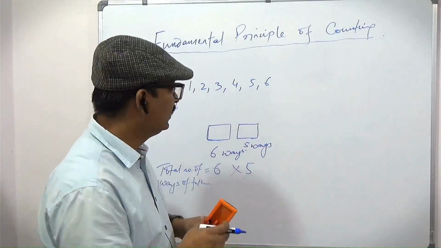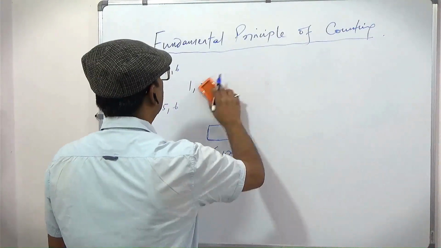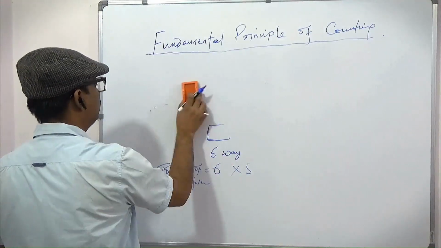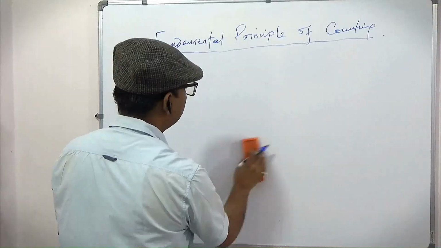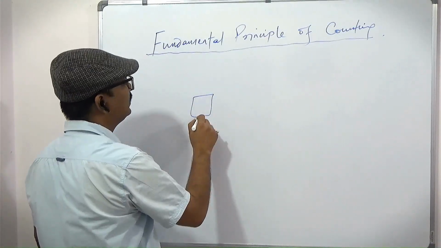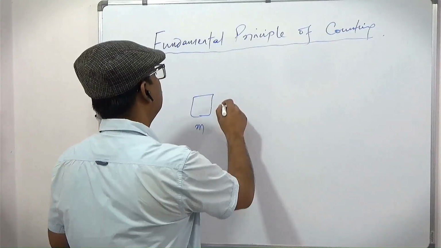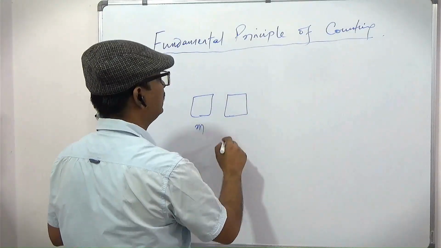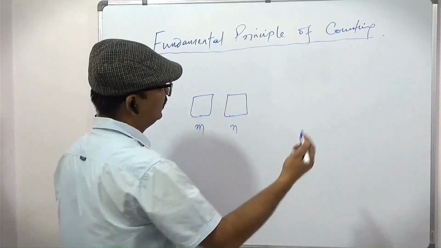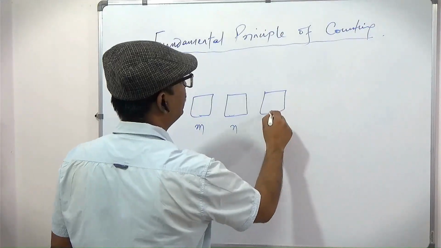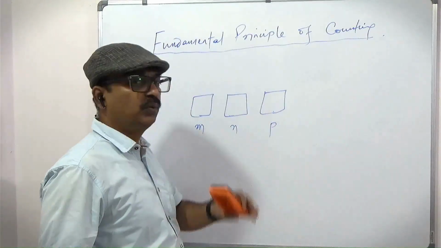So now we'll derive a formula for this so that we are able to solve such problems. Let's say this is an event. Let's say this event can be done in m different ways. Then we have the second event, which can be done in n different ways. Then we have a third event, which can be done in p different ways, and so on.